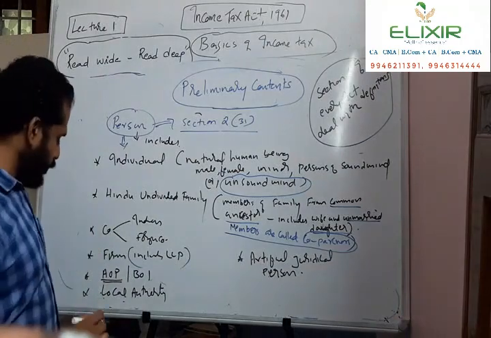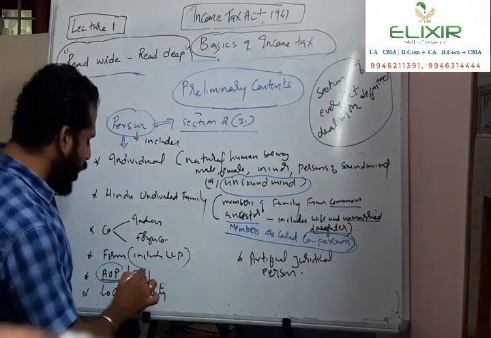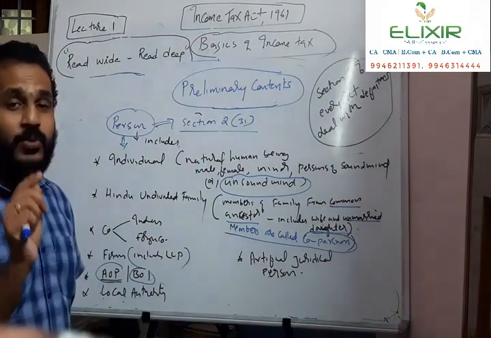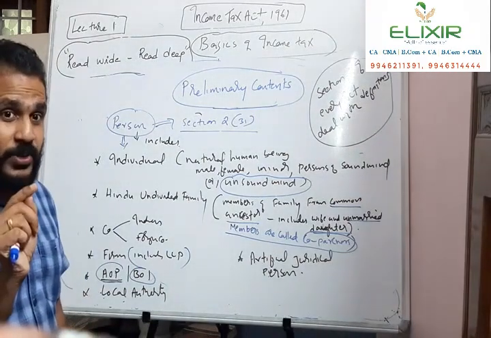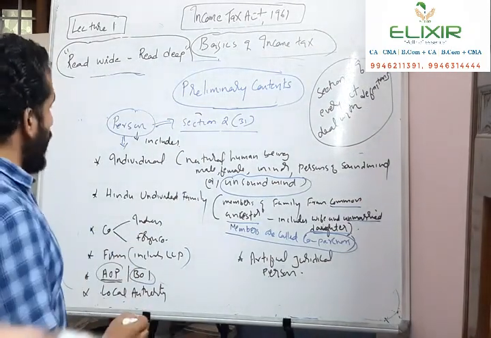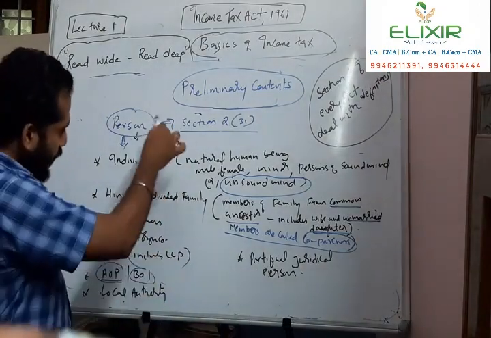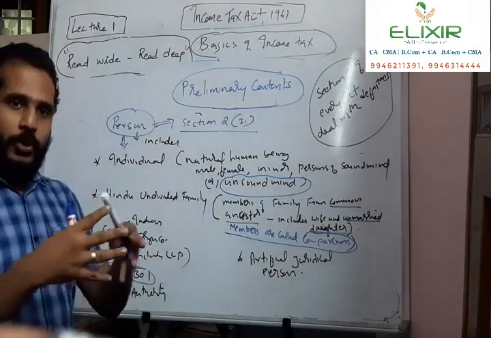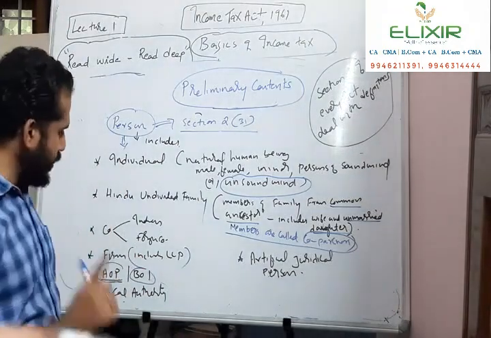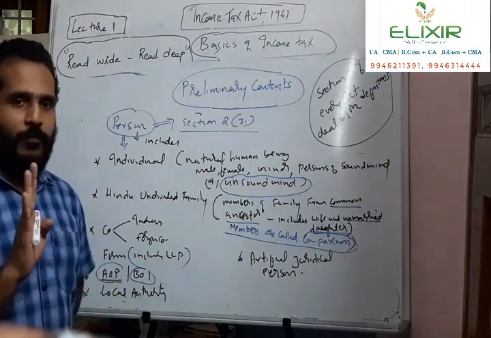Then a new term, AOP or BOI. AOP, Association of Persons. Person includes these categories. So if these different categories join together for a common purpose, it is called an association of persons.